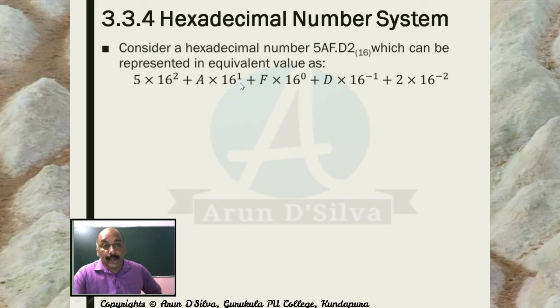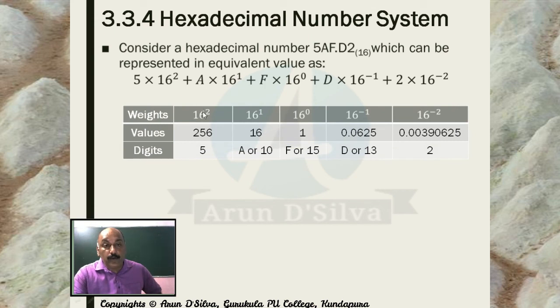So we are taking the sum of each term, and going from the decimal point to the right side, D into 16 to the power minus 1, 2 into 16 to the power minus 2. So this is what we are doing. Just look at that carefully. According to the weights, the table comes in this way.